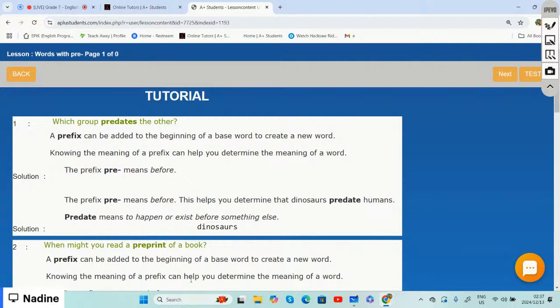And keeping in mind that the word pre means before, when you add pre in front of a base word, a word that can stand on its own, it changes the meaning, but keeping in mind that it means before.